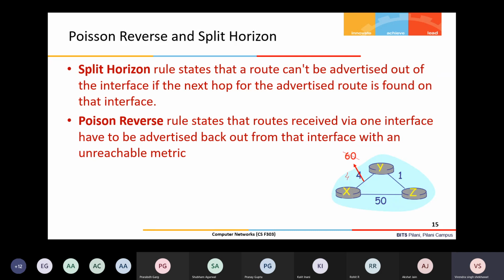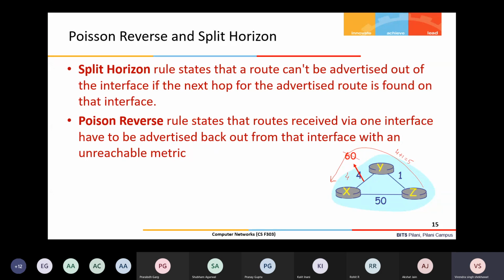Because the direct cost from Z to X is 50, which is more, Z is reaching X via Y, and that cost is equal to 4 plus 1, that is 5. Then this link cost changes from 4 to 60, which is observed by Y.